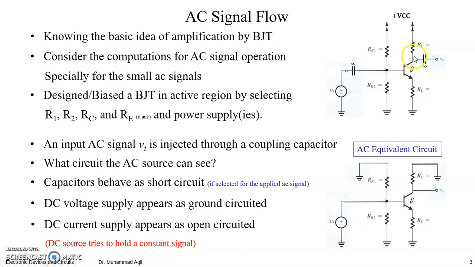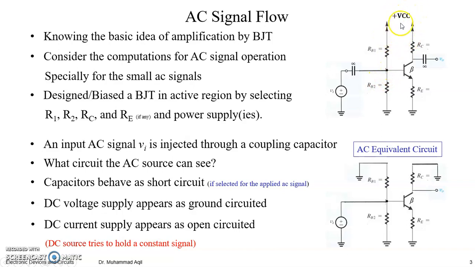Then this circuit will behave for the total voltages and currents about these parameters. The DC and AC both will be added to give a total current or voltage, right? The AC signal will try to do the same thing at this terminal as well.